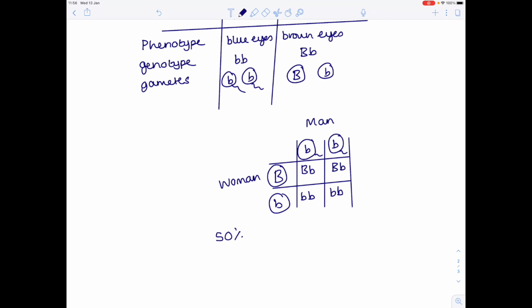So 50%, or 1 in 2, or 0.5, these numbers all mean the same, will be big B, small b, which means they'll have brown eyes. And then 50% will have blue eyes.